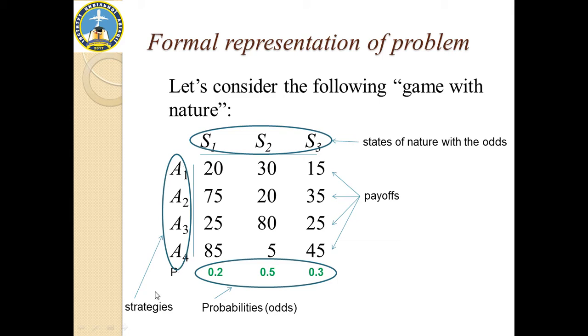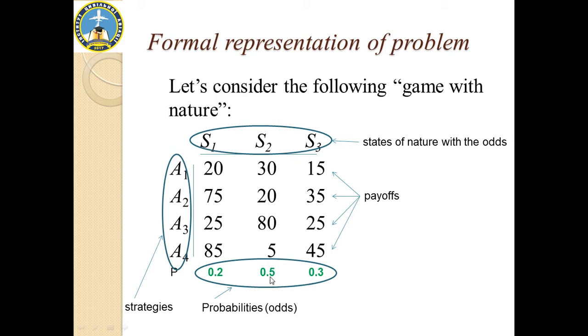At the cross points between rows and columns, we get individual payoffs, which show a decision maker a possible benefit from adopting a particular strategy. But we've also got additional information about the different states of nature. We've got some odds, so we can judge by these odds which of the possible states of nature is more probable.